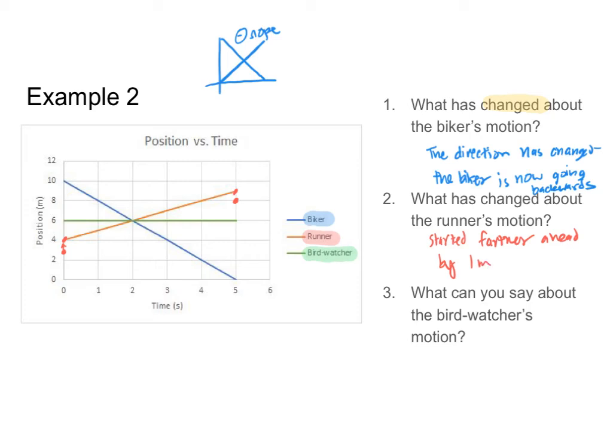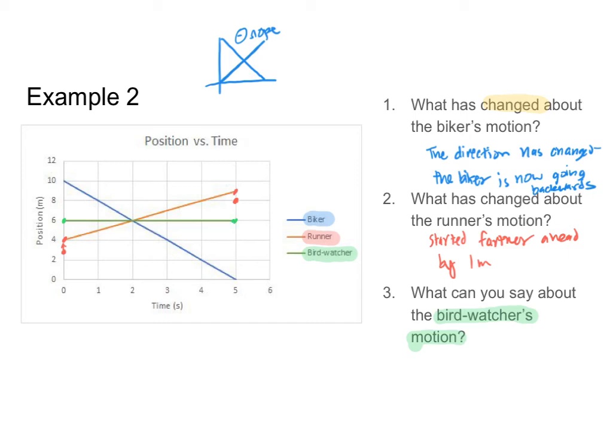Finally, our third question is asking what you can say about the bird watcher's motion. So let's go ahead and take a look at the bird watcher. Now the line of the bird watcher is a completely straight line. So the bird watcher's position at 0 seconds is the same as his or her position after 5 seconds.